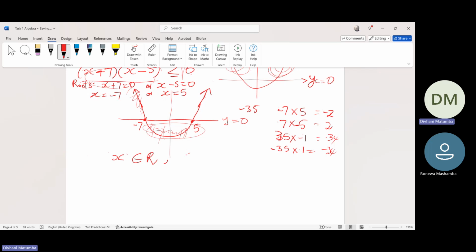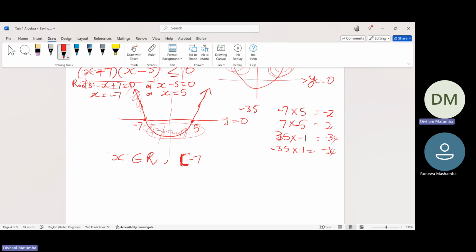A round bracket. Why are you using a round bracket? Because we're saying that the x values include minus 7 and they include 5. But the inclusive bracket has a corner. Oh, okay. I think I mixed them up then. But do you agree? Yes, I do. Okay. Now, what do we put here?